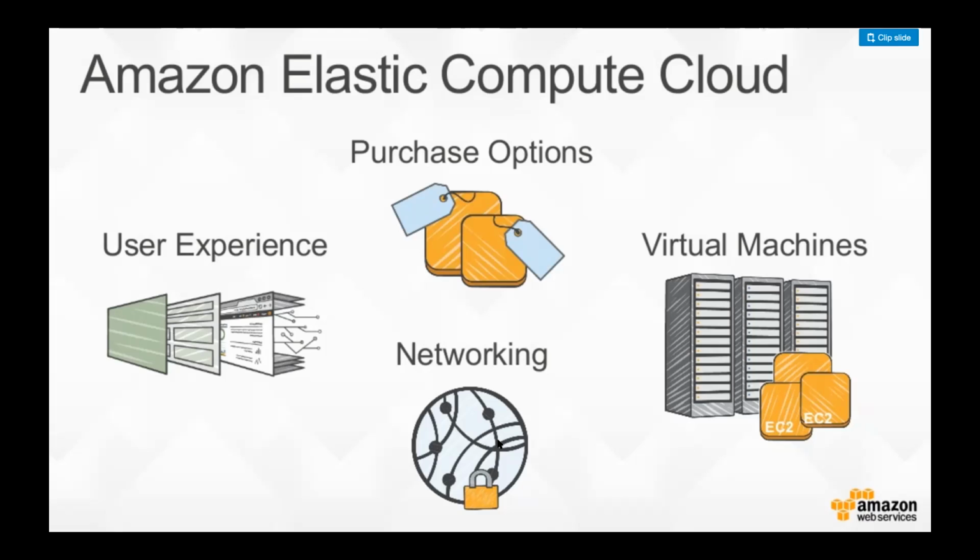In what way does it give the user experience? It is very easy to interact with the EC2 service. You just get a console, you get a CLI, you get APIs to interact with the service, and then you can automate it, and you get a better user experience. Provisioning.